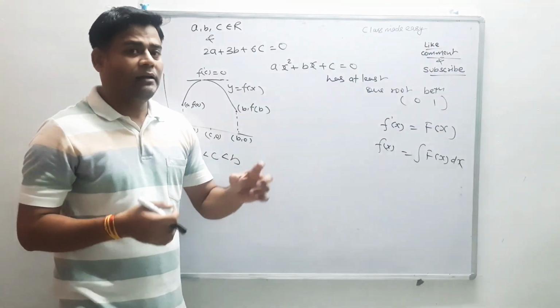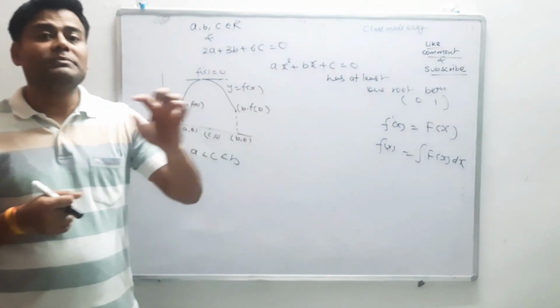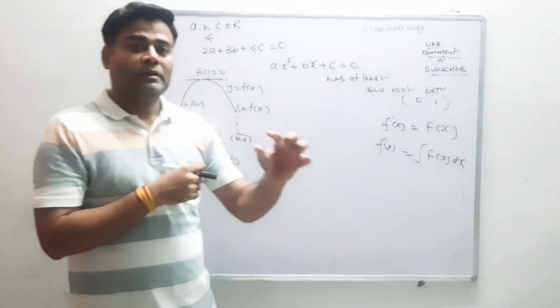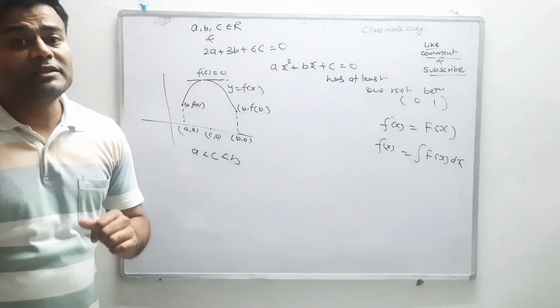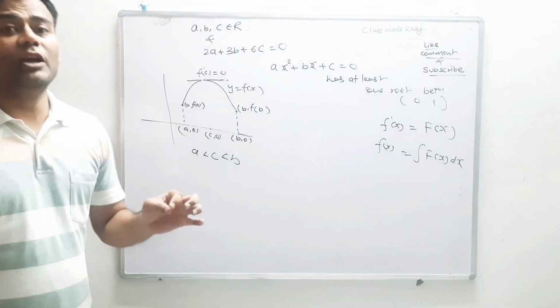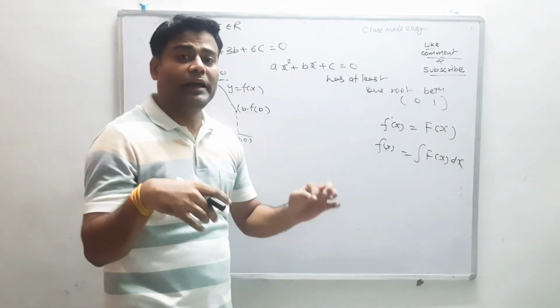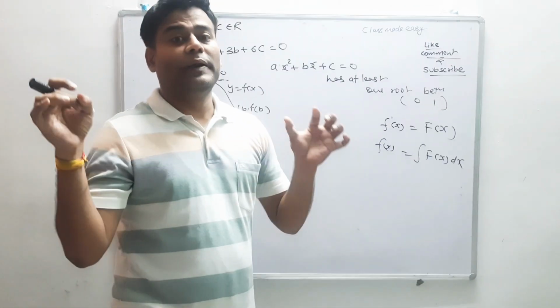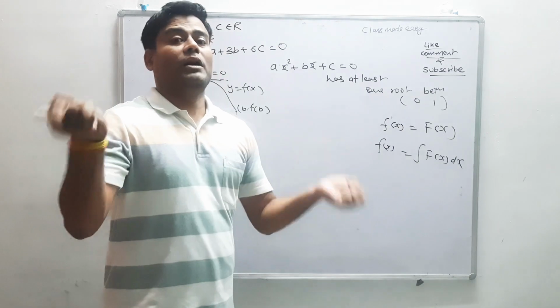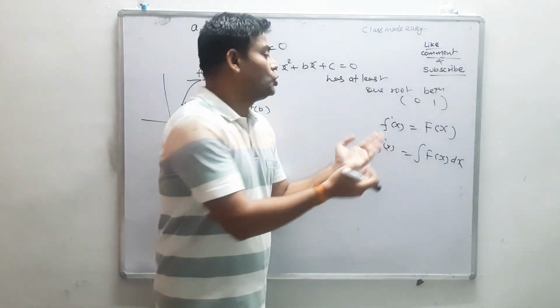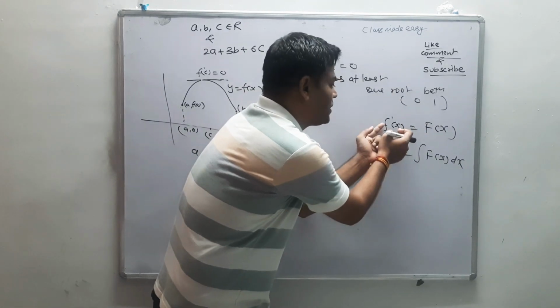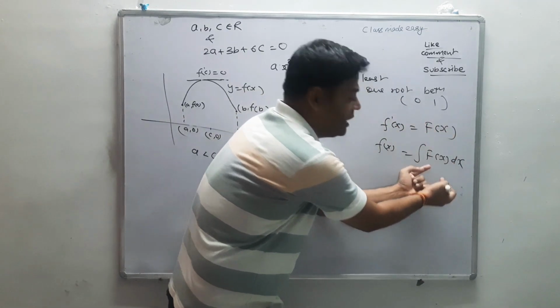I will explain again what Rolle's theorem says. If a function is continuous and differentiable, and it gives the same values at a and b, then its derivative is 0 between a and b. Now the converse means if the derivative is assumed as another function, then this f of x has its integral.